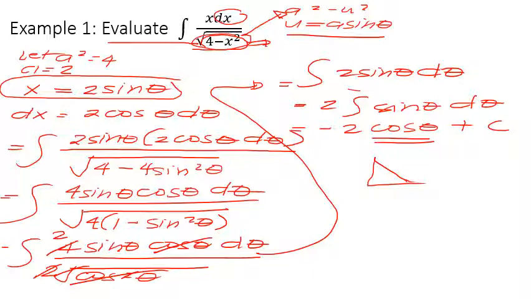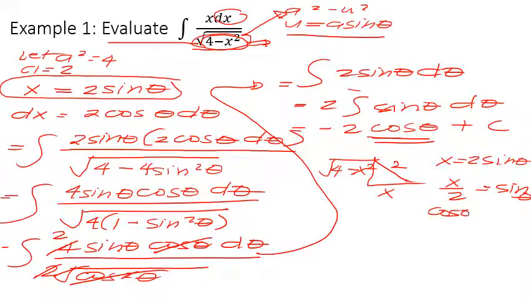So we will go back. What is cosine theta? We already know that x is equal to 2 sine theta, which is what we substituted earlier. And to get it, x over 2 is equal to sine theta. So this is equal to opposite over hypotenuse. Your hypotenuse is 2, your opposite is x.